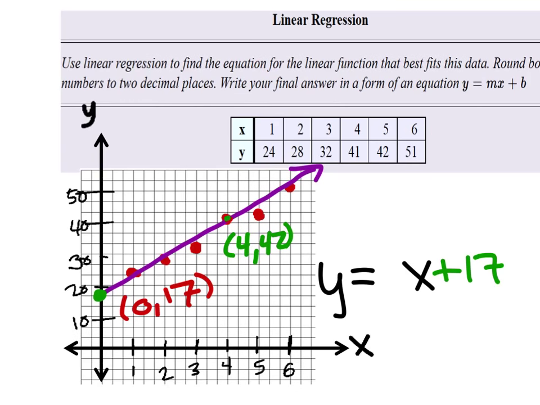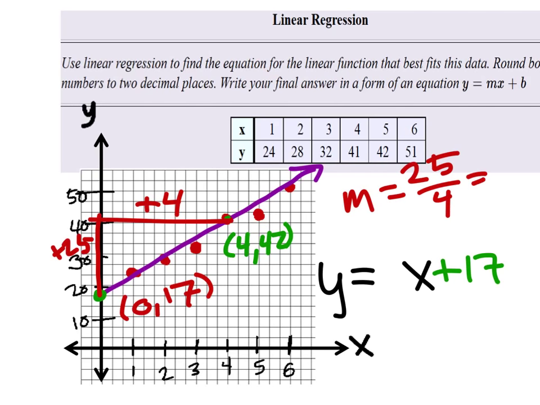So if I use my slope, I'm going to go up to 42 from 17, 25, and then from 0 to 4 would be to the right 4. So the slope that I get is 25/4, which is about 6.25. I'm just going to keep the fraction right there.